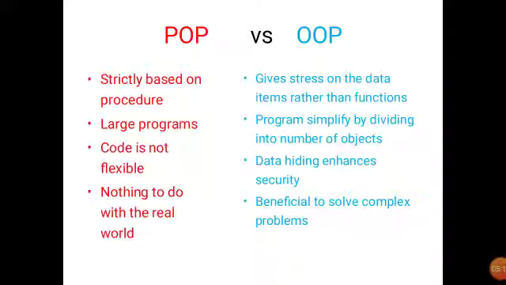Procedure oriented has nothing to do with the real world objects. By using procedure oriented, we cannot write programs which are used in home appliance or real world objects. Object oriented is beneficial to solve complex problems.